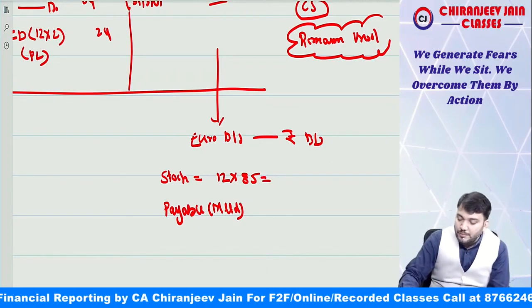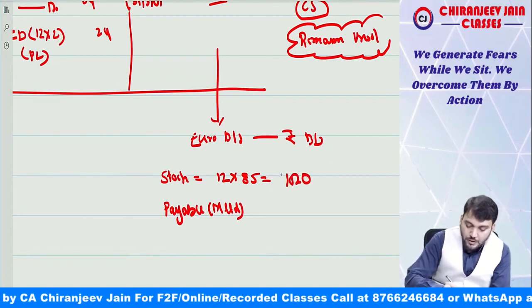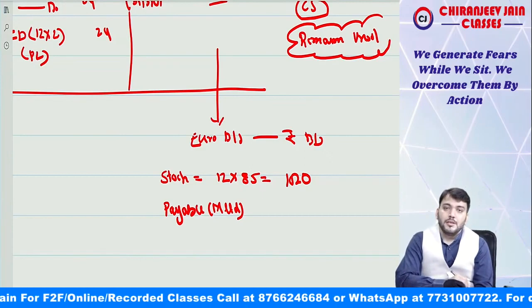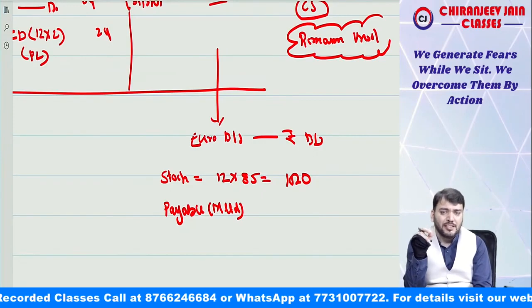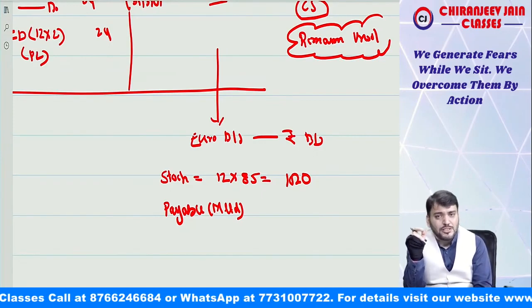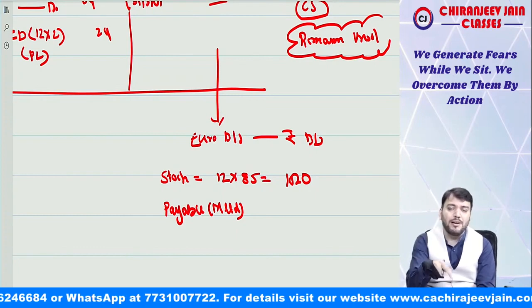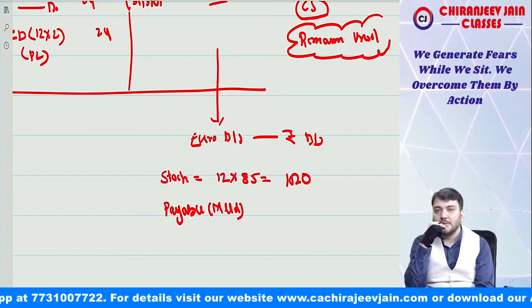So this becomes 12 into 85, that is 1020. Whenever you are doing translation, translation will be done at the closing exchange rate for what? Asset and liability. I hope you have understood this point. Any doubt on this point?